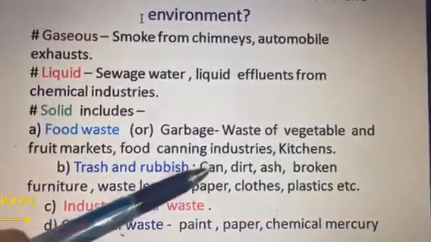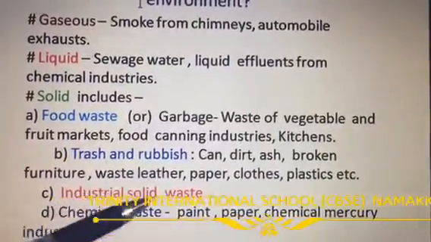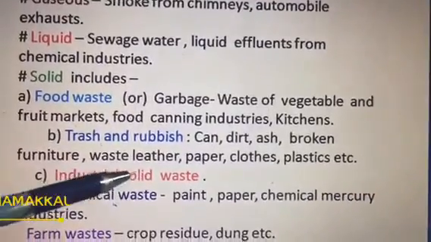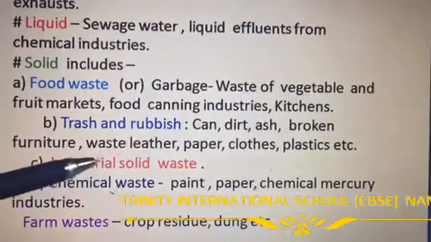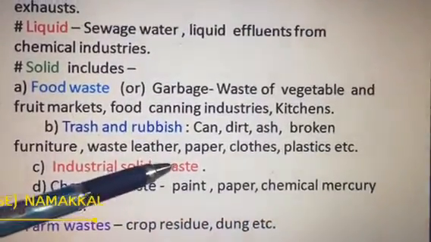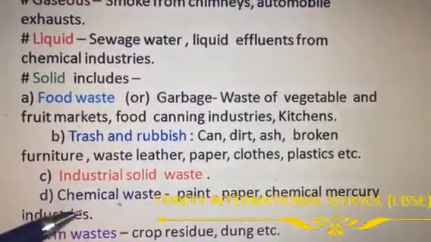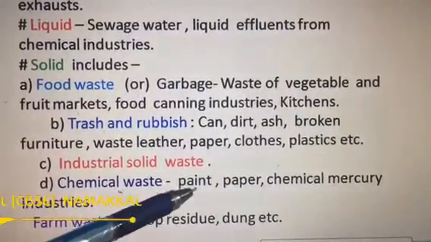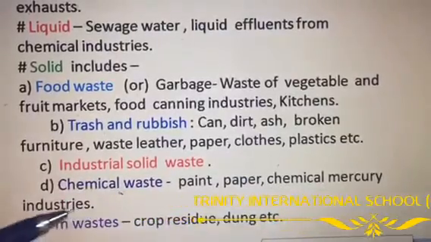Can means a metal can. Next, industrial solid waste. So many industries are there: leather industries, chemical industries, petroleum refinery industries. These industries also release solid waste. Before it was liquid waste, but here it is solid waste. And chemical waste: paint, paper, chemicals, mercury industries.